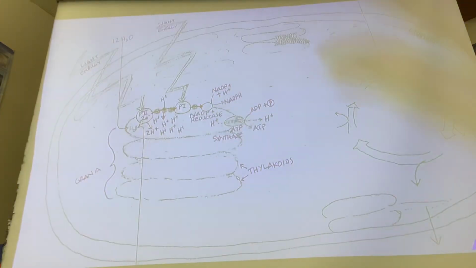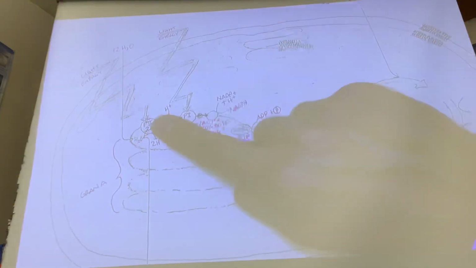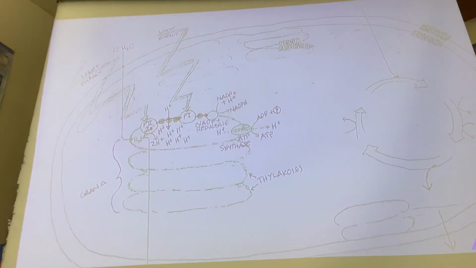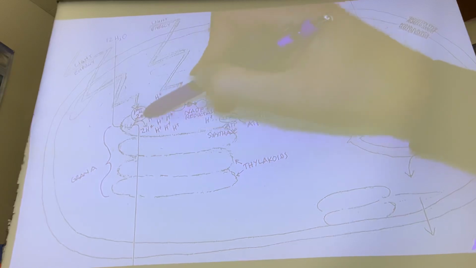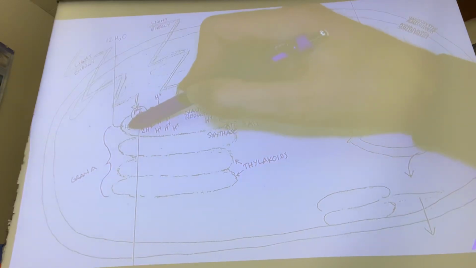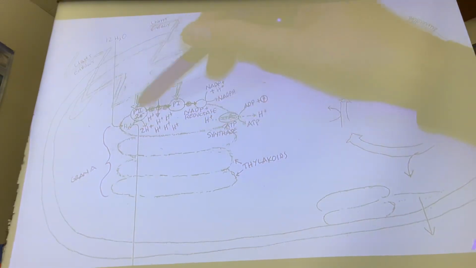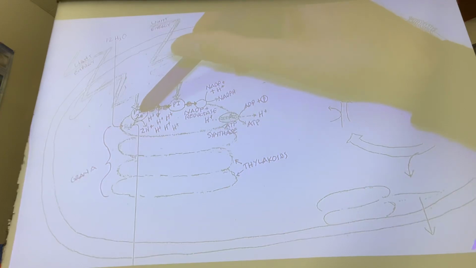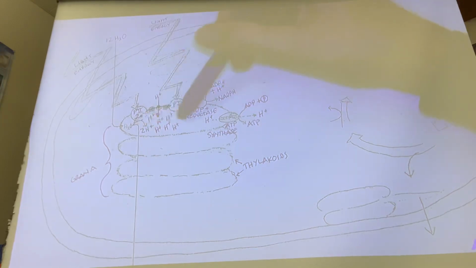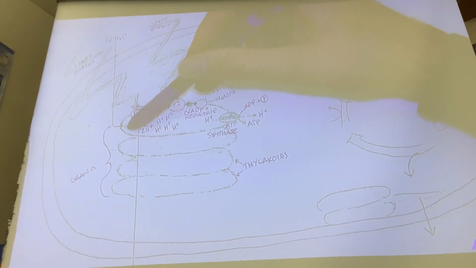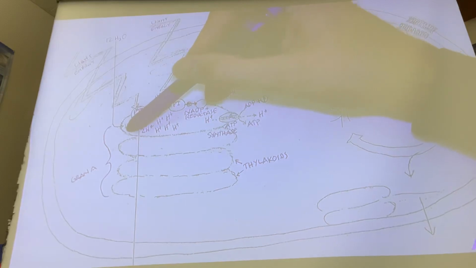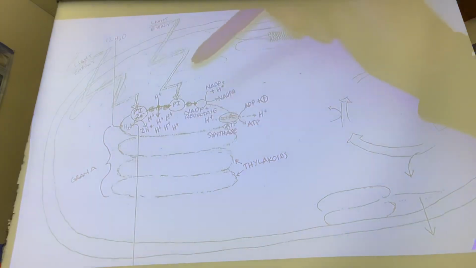All right, so let's look at this again. We've got our light coming in, right? We've got our water. At photosystem 2, we're going to break apart our water. We're going to take the electrons into the photosystem to replace those lost in the magnesium. We've got protons being released into the interior of the thylakoid. And we've got oxygen that's going to meet up with another oxygen and diffuse out as a gas.